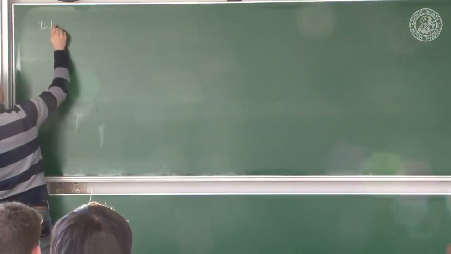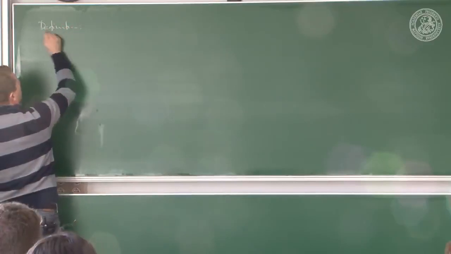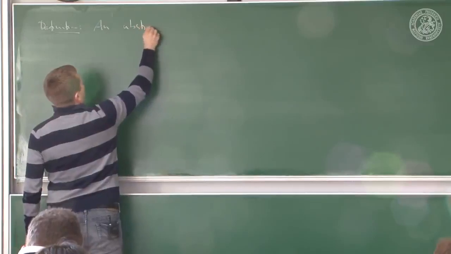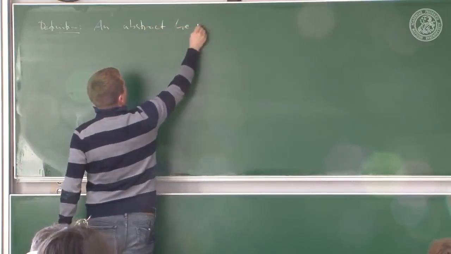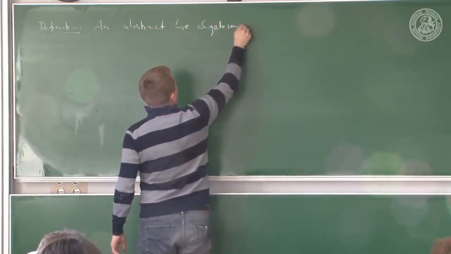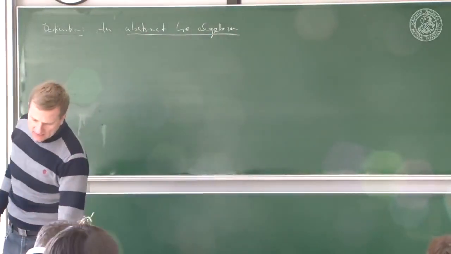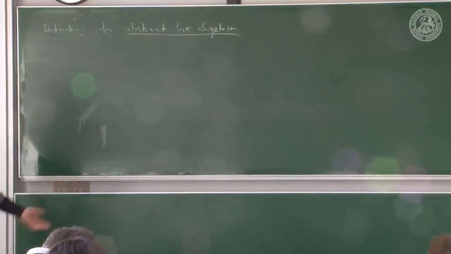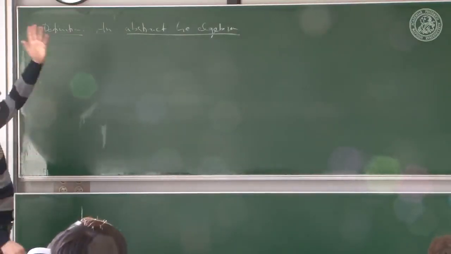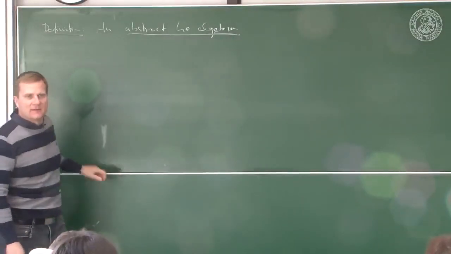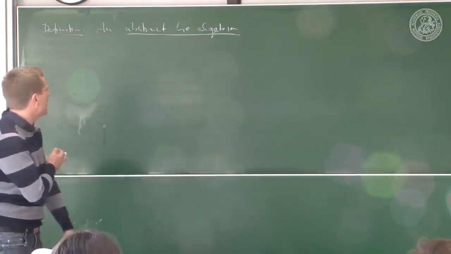Let's first introduce some terminology. An abstract Lie algebra, and I call it abstract because this is true independent of whether the Lie algebra originates in a Lie group or not. So I could call this a Hodgson-Plots algebra, right? But we'll call it an abstract Lie algebra.